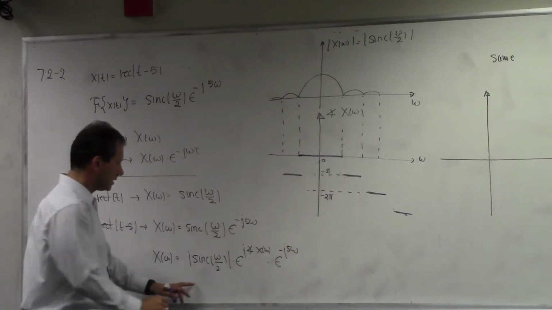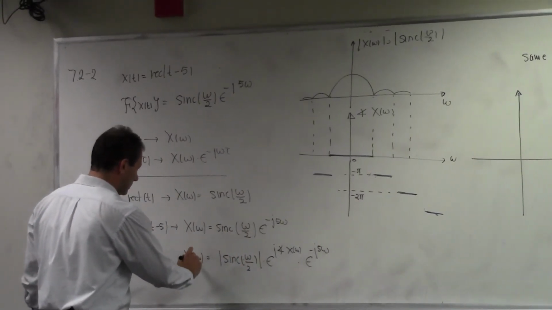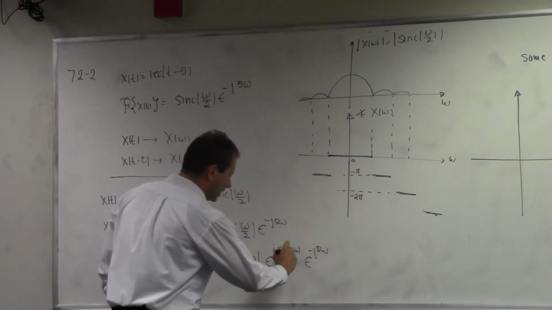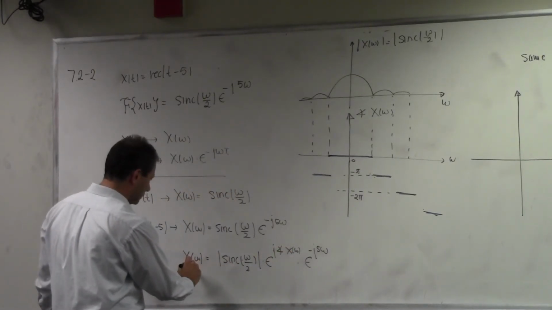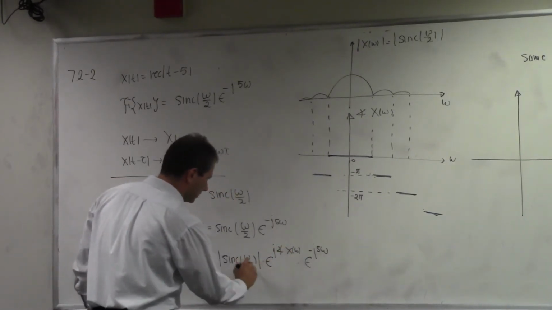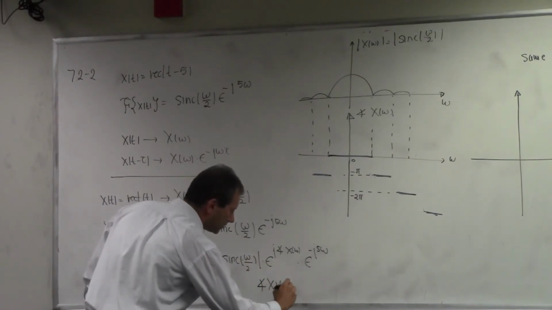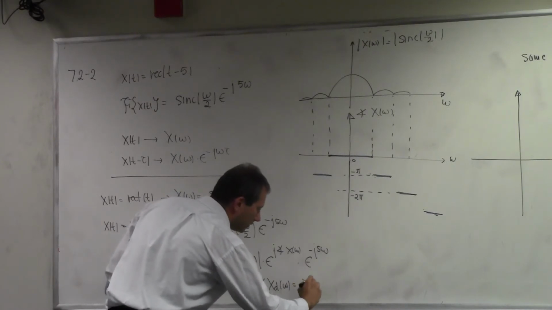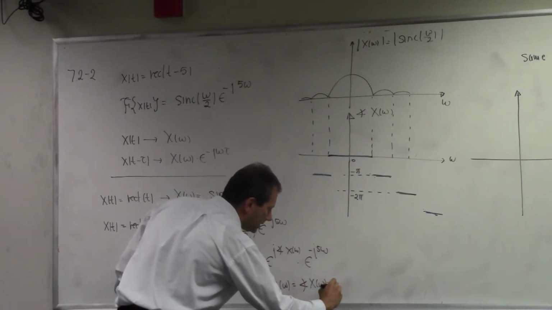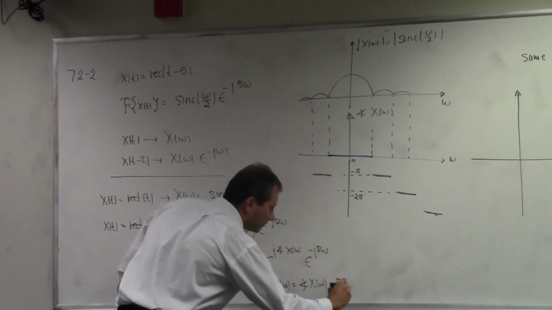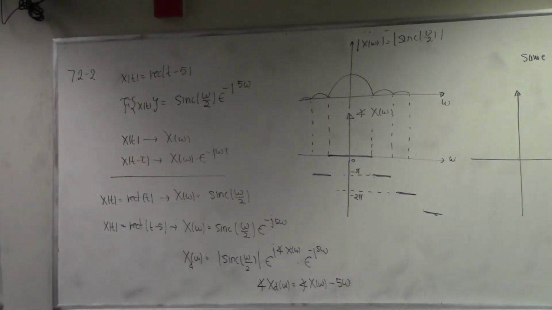So you now see the phase here, let me call this xd, where d stands for delay: angle of xd of omega is going to be angle of x of omega minus phi omega. You see that?